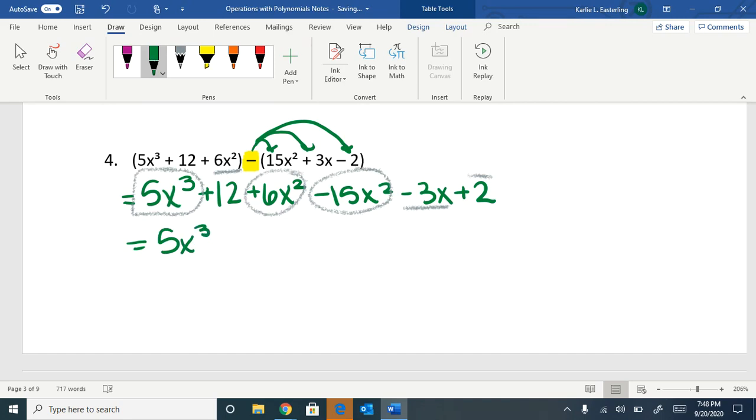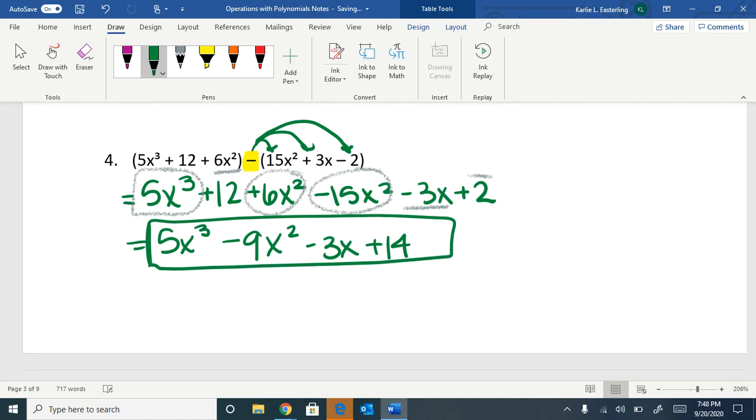For our squared, we have positive 16 and minus 15. So that will end up giving us negative 9x squared, I believe. Yes, negative 9x squared. And our minus 3x, and then positive 12 plus 2 will give us 14. And that will be your final answer there.